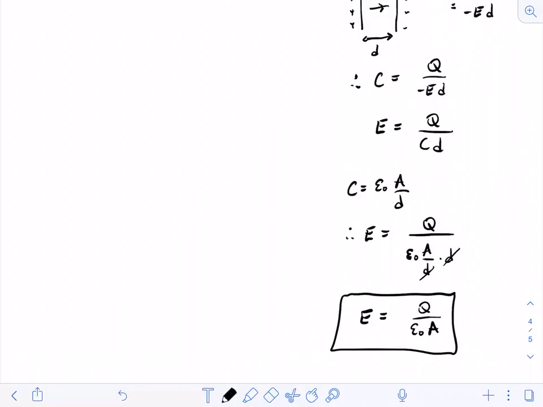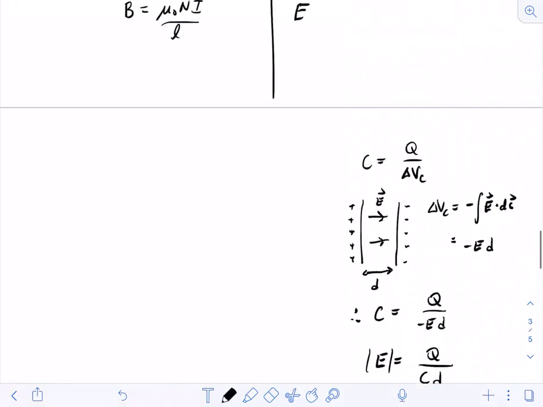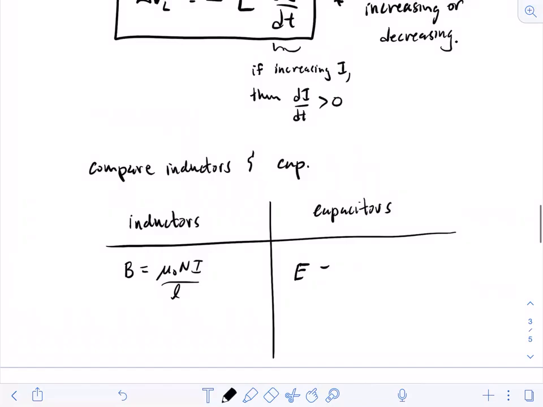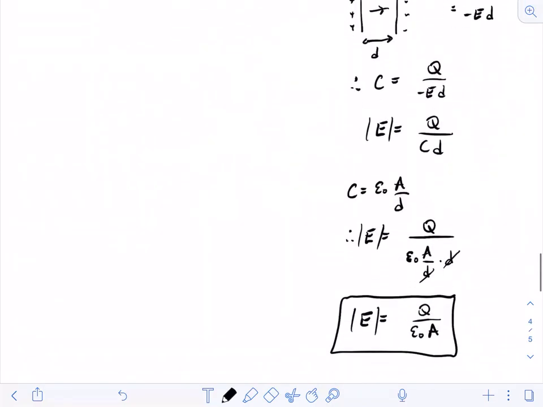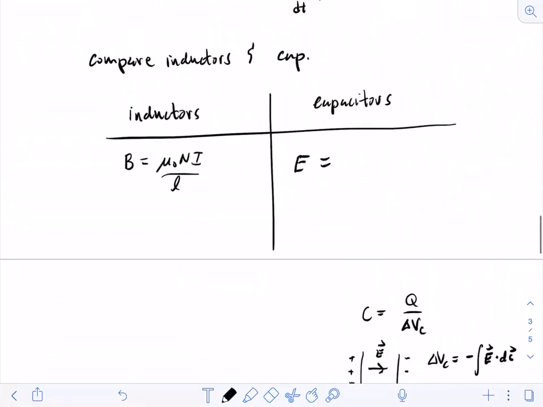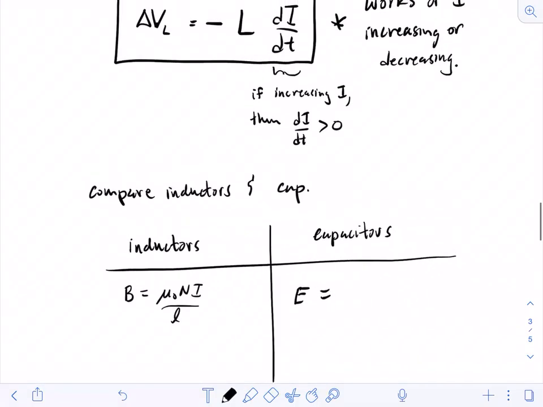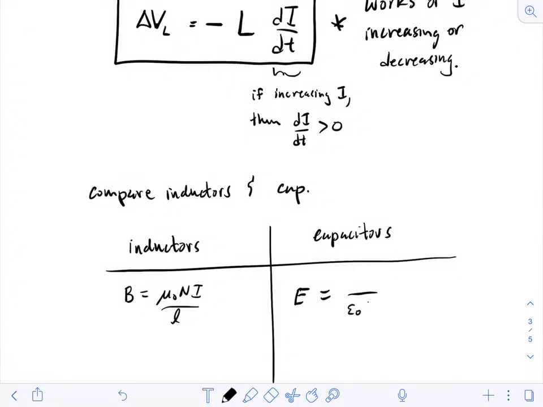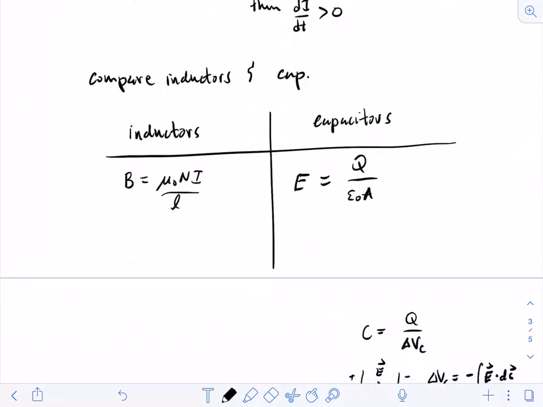So a geometric factor. Here I'm just going to calculate the magnitude of the electric field. So the electric field is determined by a geometric factor, 1 over A, and a constant epsilon naught, and how much charge you put on the plates.